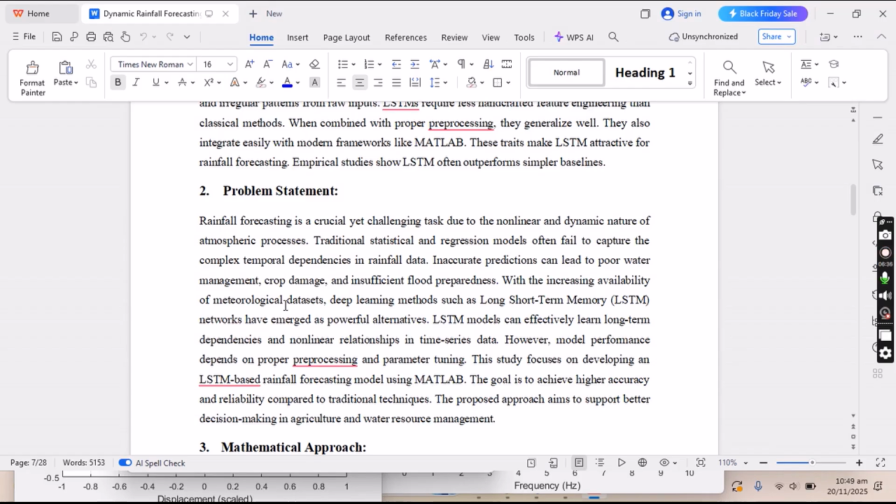Deep learning methods such as long short-term memory networks have emerged as powerful alternatives.